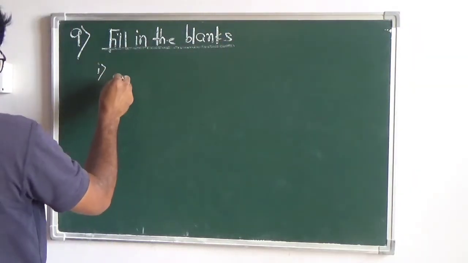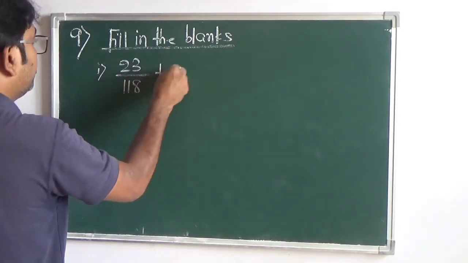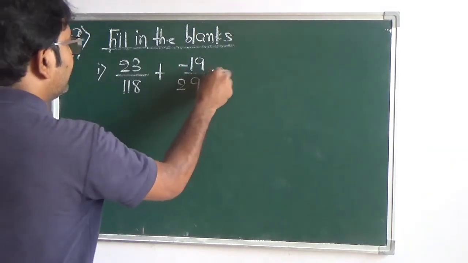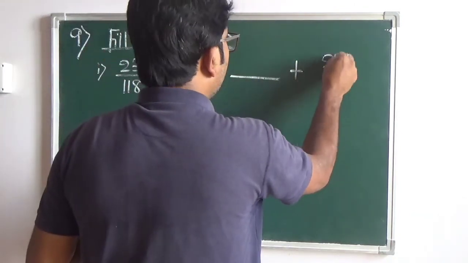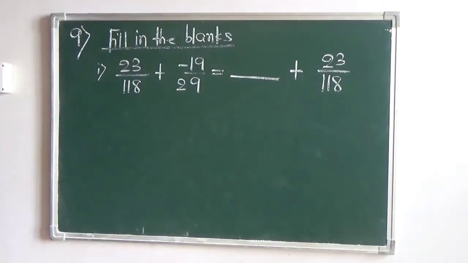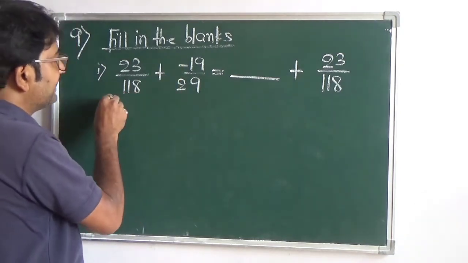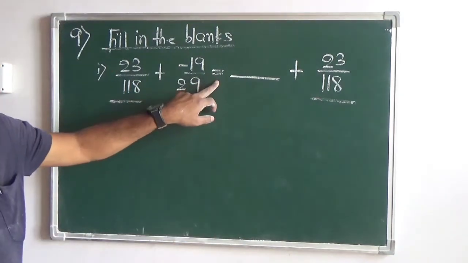So number 1 is 23 by 118 plus minus 19 by 29, and that is equal to blank plus 23 by 118. Can you tell me what is to be filled inside the blank? The sign here is the sign of equality.